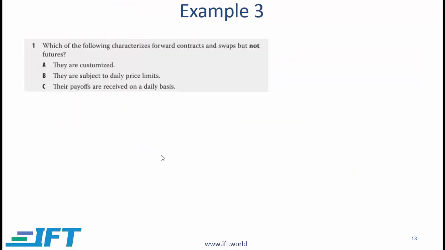We'll now go over questions from example 3 in the curriculum. Which of the following characterizes forward contracts and swaps but not futures? They are customized. Remember, both forward contracts and swaps were traded in over-the-counter markets. So they are customized. Futures are traded on exchanges and they are standardized.